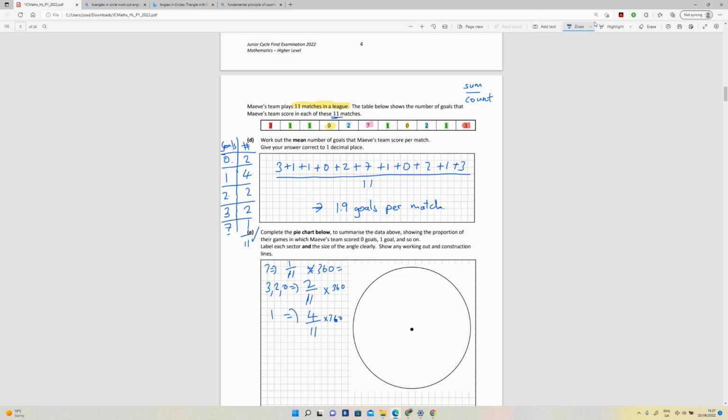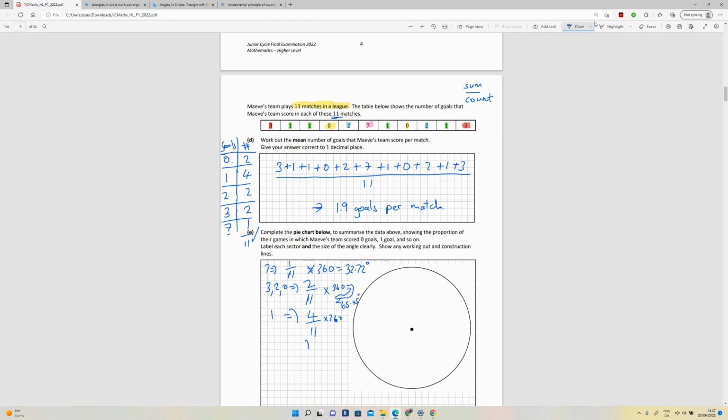So that's how we're going to get the angles for these. So the first one then is, when I do this on the calculator, 32.72 degrees. The second one, 2 over 11 is 65.45 degrees.